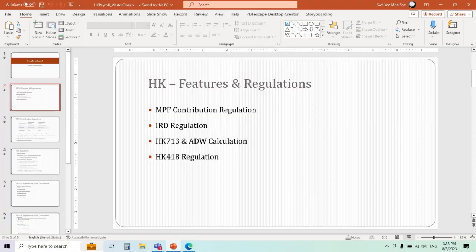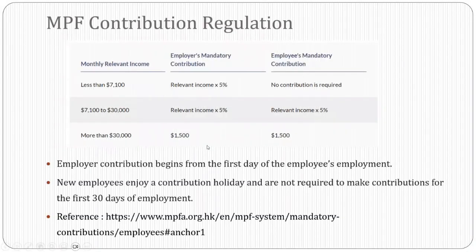For MPF contribution, as Neha mentioned, the contribution rate is 5% for employer and 5% for employee, and similar to Singapore CPF, the percentage of the contribution rate is very similar. In CPF, there are different rates for different age groups and different wages.